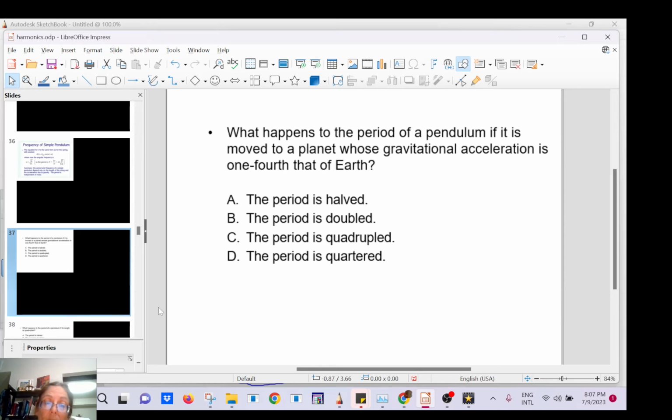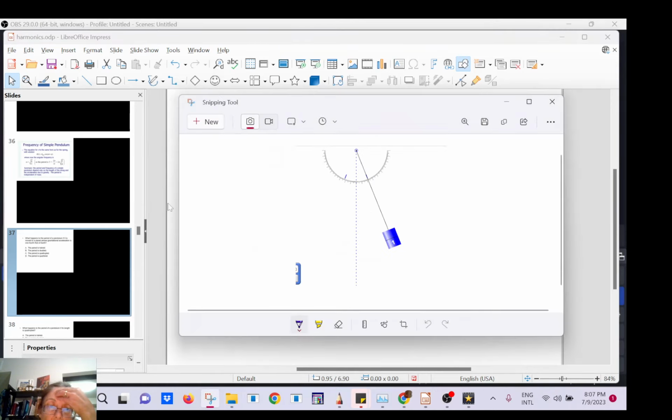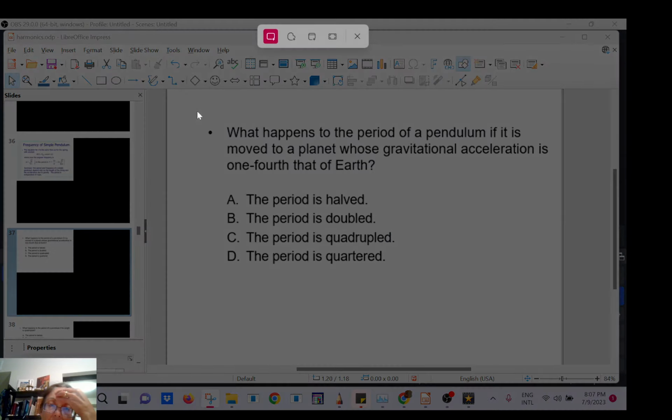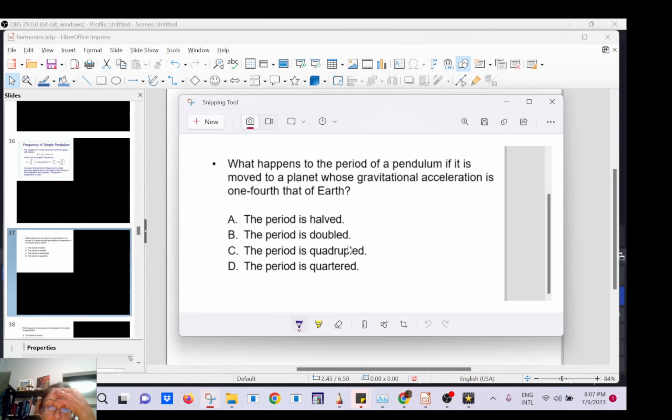And of course, that will be a typical question, for example, for the MCAT or a conceptual question for AP physics. So let's try to answer this one. So you have different ways to solve those.